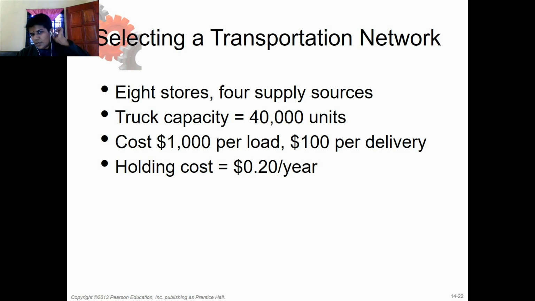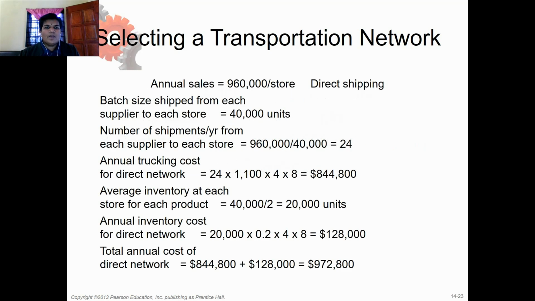Holding cost is 20 cents per year. Okay, so annual sales is 960,000 per store, and we are choosing direct shipping. Okay, so these are the numbers given.